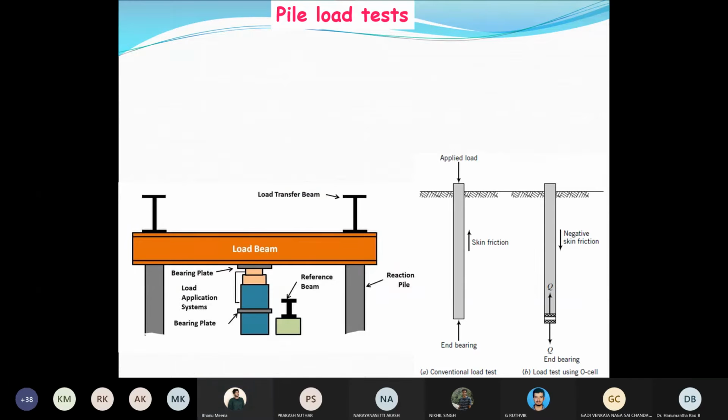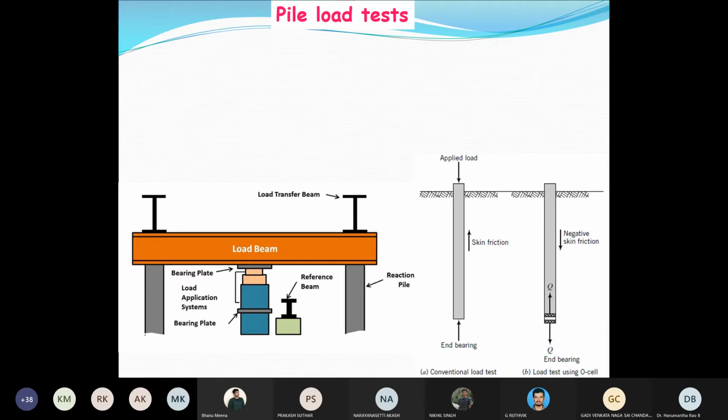So one of the last topics of the pile foundation, which we were discussing since the post mid semester examination. Today, let us try to understand the pile load test, because so far what we have discussed is how to determine the load capacity of an individual pile or a pile group, but basically by analytical equations which have been derived based on some assumptions.